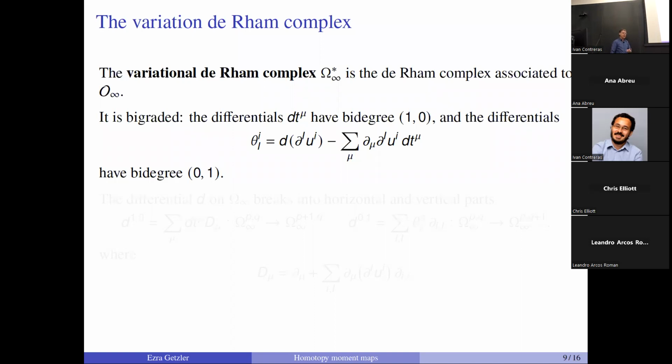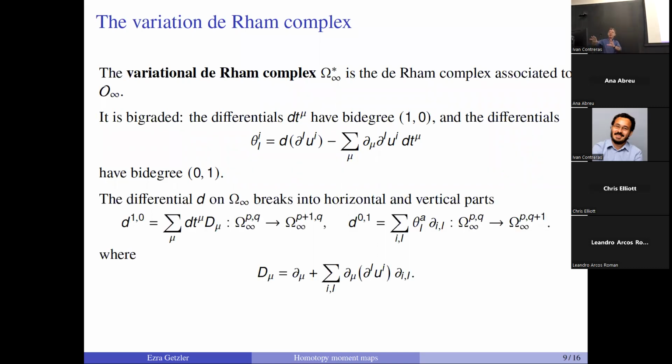I think they're called the Cartan something. Yeah. Okay. So you can split the differential. I'll zip along here. You can split the differential into horizontal components and vertical components, and they both have square zero and anti-commute with each other. Okay. So it's a double complex. That's why it's called the variational bicomplex.